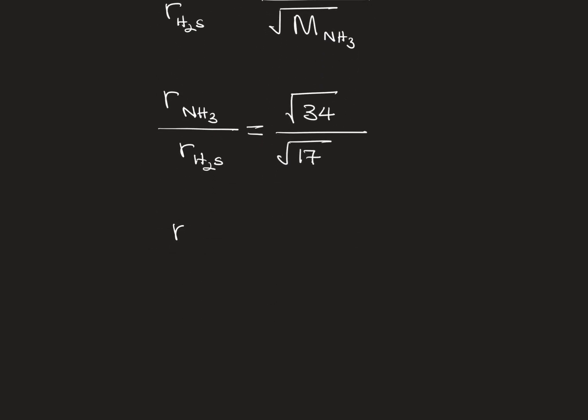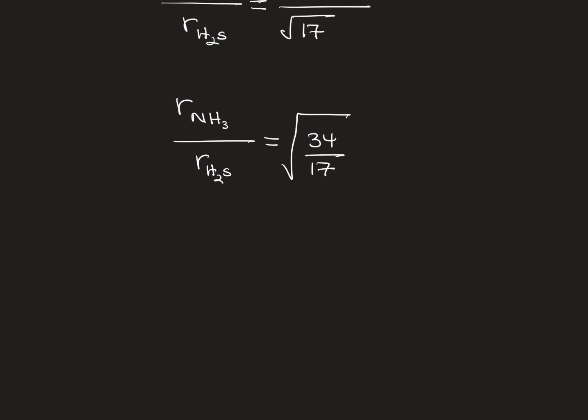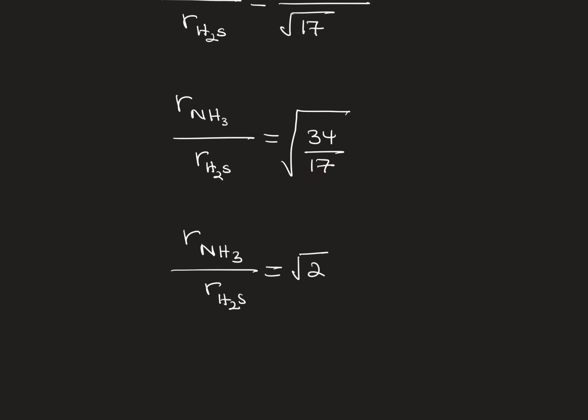This is equal to the square root of 34 all over 17. So we'll have the rate of diffusion of ammonia gas all over the rate of diffusion of hydrogen sulfide gas is equal to the square root of 2.